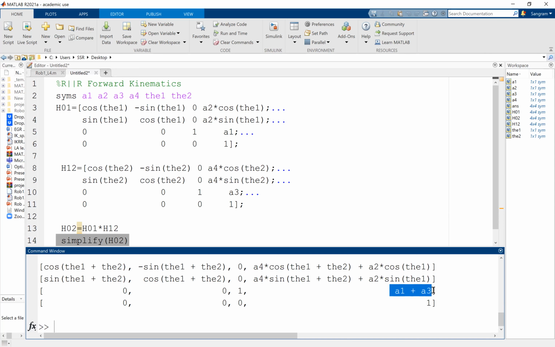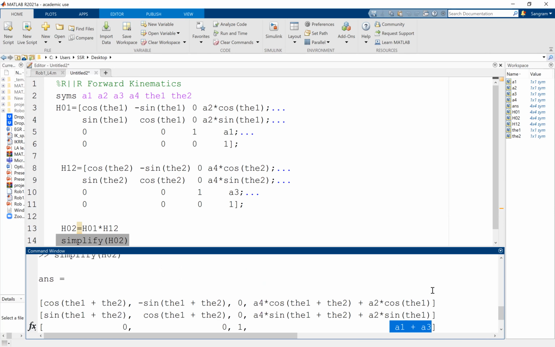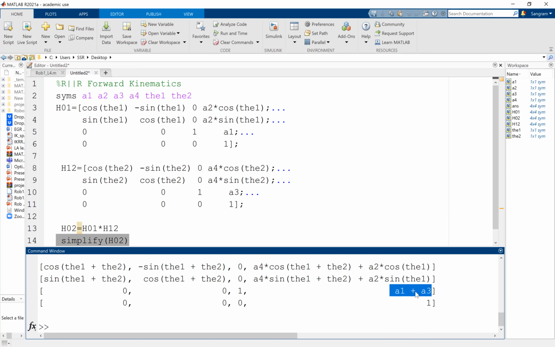And this is the distance between the 0th frame and the end effector frame along z0. This is very easy to understand. We can see just from the geometry that it is correct. Now let's try to see if we can provide some geometric interpretation to these values.